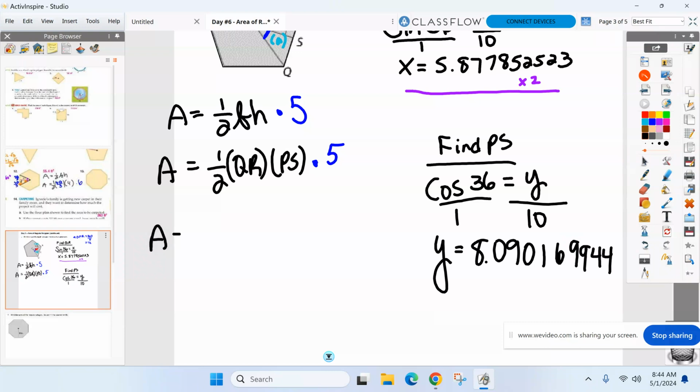And go ahead, keep grinding. I'll ask somebody in a minute or two what the final area is, rounded to the nearest 10. Make sure you remember to double that 5.87 before you find the area. Make sure you multiply by 5 triangles at the end.